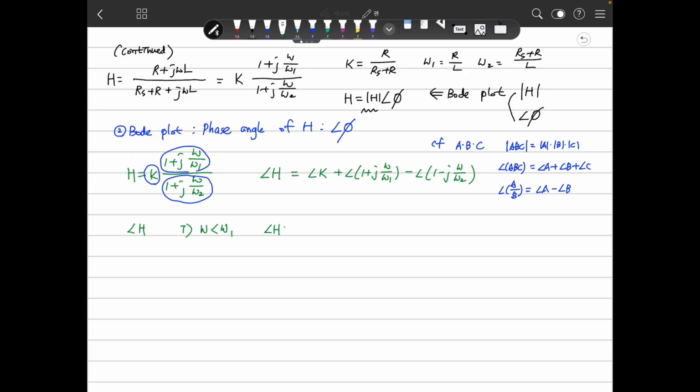Then the phase angle of H will be the phi of K plus 1 plus J omega 1 omega, minus 1 minus J omega 2 omega here. We have some assumptions that omega is very small compared to omega 1. Therefore, this is very small. In the same region, this is very small.